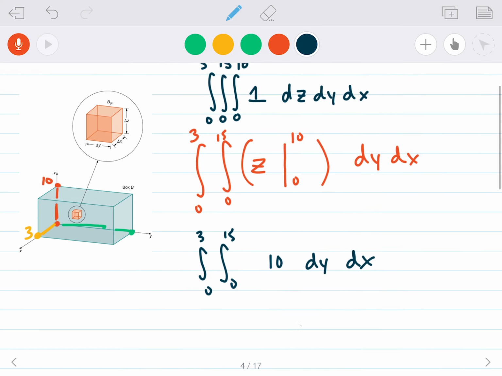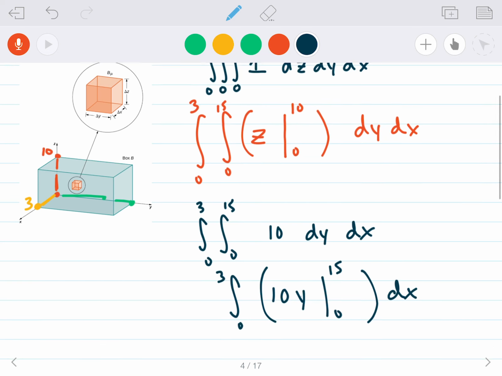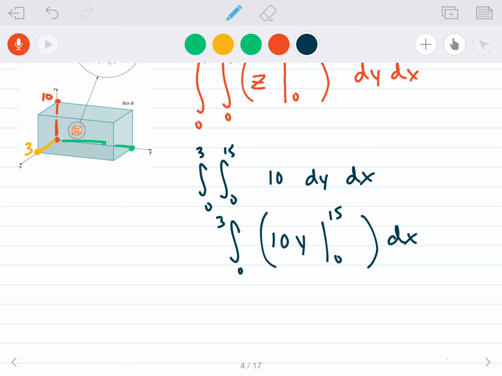Alright, so I integrated with respect to z. Now let's integrate with respect to y. So if I integrate 10 with respect to y, it's just 10y. And my bounds are going from 0 to 15, and I still have this other stuff on the outside. Okay. So if I plug in 15 for y, I get 150 dx from 0 to 3.